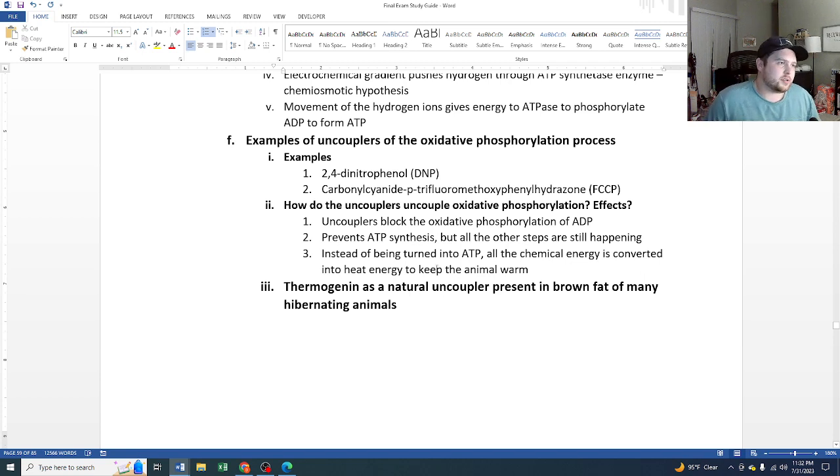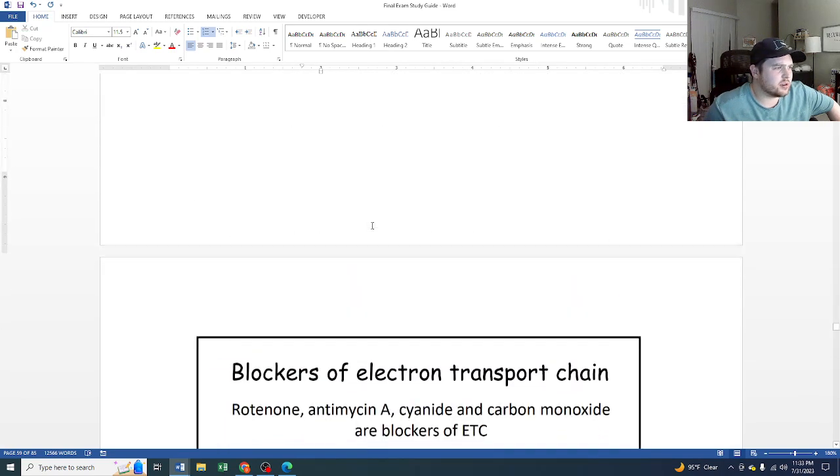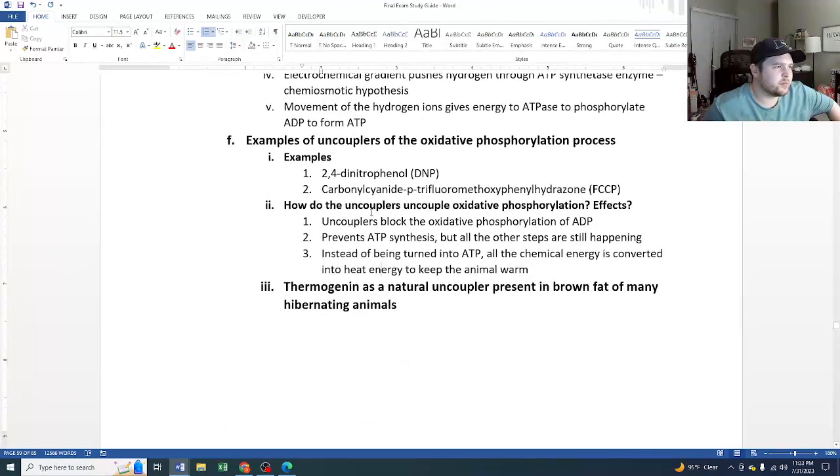The uncouplers of the oxidative phosphorylation, essentially the things that mess with the oxidative phosphorylation and prevent it from happening. We have DNP and FCCP. There wasn't a ton of questions about uncouplers, so I wouldn't concern myself a ton with these.